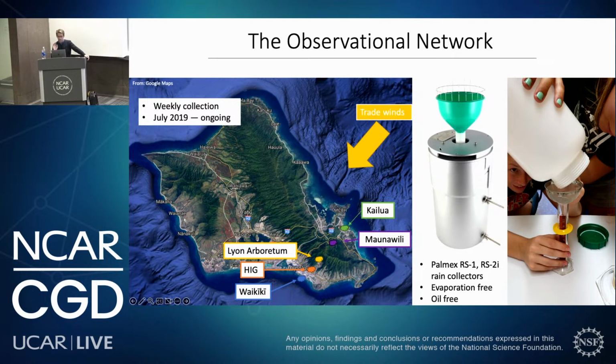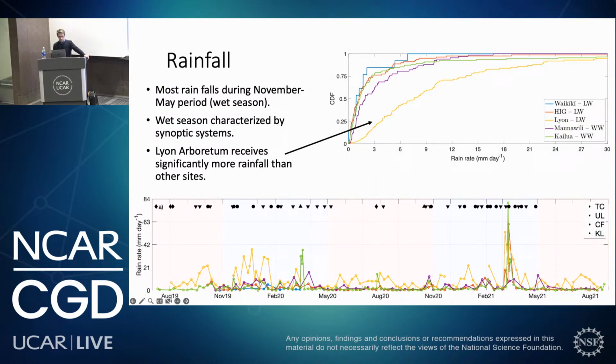This additional sophistication makes it possible to prevent evaporation, which would compromise the isotopic ratio of the data set, and they also don't require mineral oil, so they're a lot easier to operate. We employed the help of many undergraduate students who really made this possible with their tireless efforts, so we're very grateful to them.